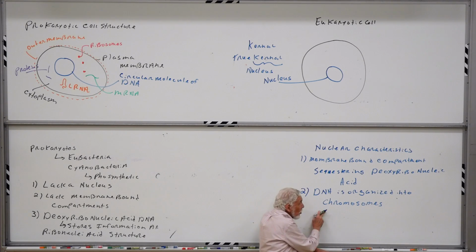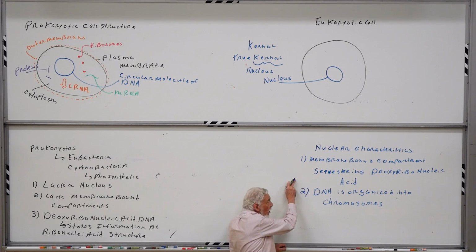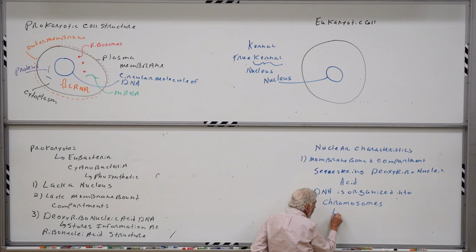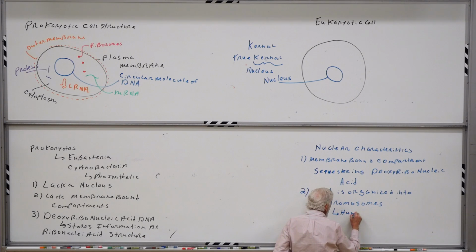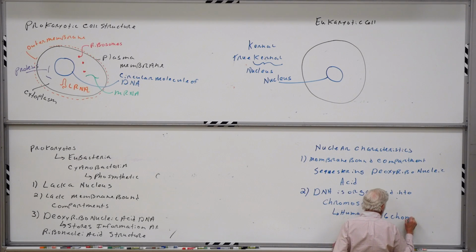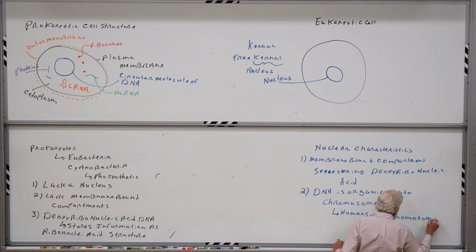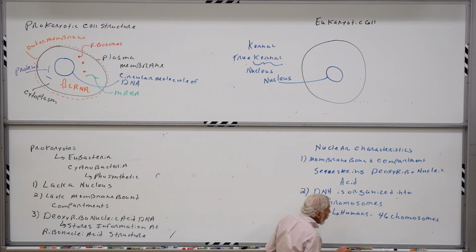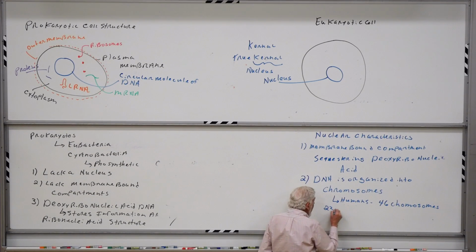But these chromosomes are characteristic of eukaryotic animals, and what's more, in humans, the nucleus contains 46 chromosomes. The chromosomes are organized as 23 pairs.